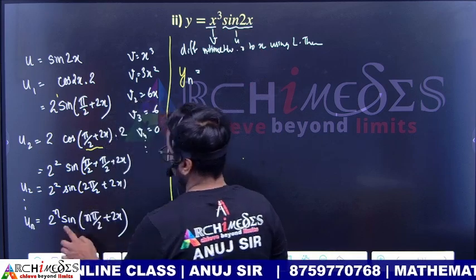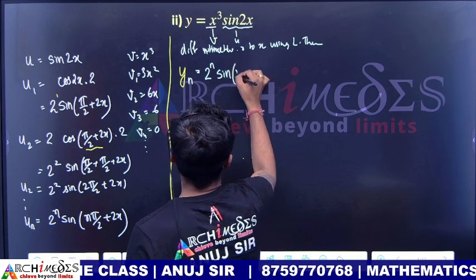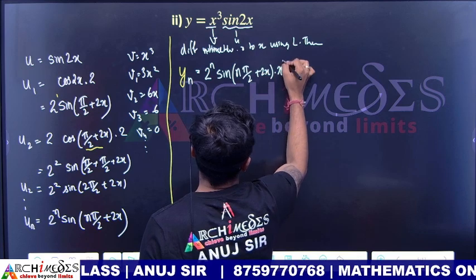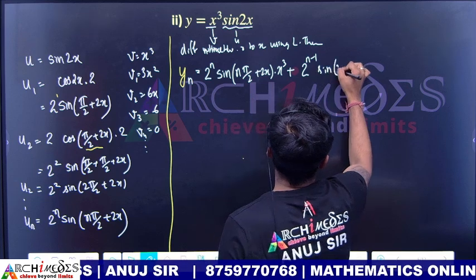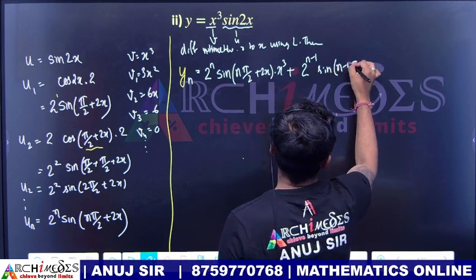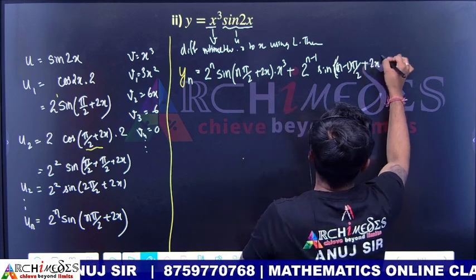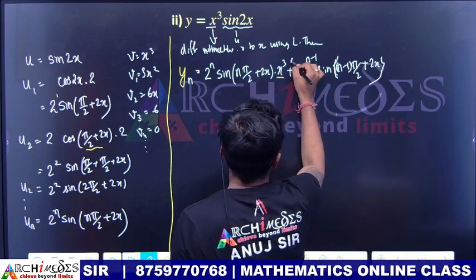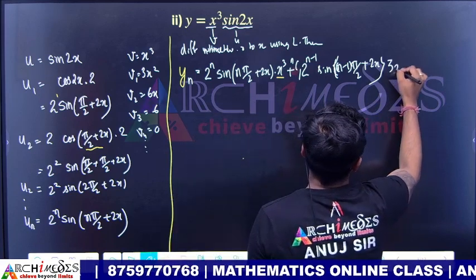So un is 2 to the power of n sine of n pi by 2 plus 2x, and v is your x cube, plus 2 to the power of n minus 1 sine of n minus 1 pi by 2 plus 2x, and nC1 is also there. When you differentiate x cube, it becomes 3x square.